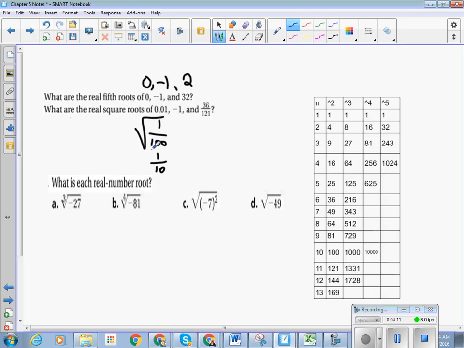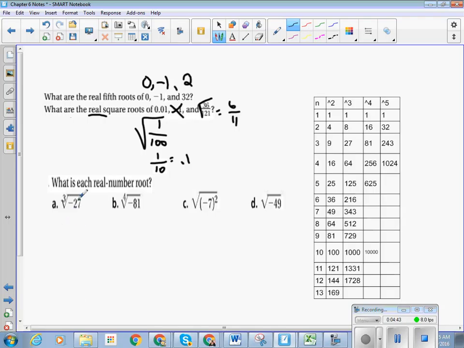So the square root of 0.01 is 1/10, or 0.1. The square root of -1 does not have a real solution. It's i. And the square root of 36 over 121: the square root of 36 is 6, and the square root of 121 is 11.